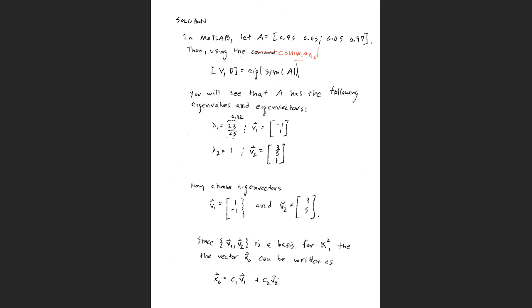There's a command called eig of sym of A. What this is going to do is produce eigenvalues and eigenvectors in nice form, because as you have experienced in MyMathLab, eigenvalues need to be in nice form, simplified radical form usually, and eigenvectors should be in simplified form, and that means usually fractions if possible.